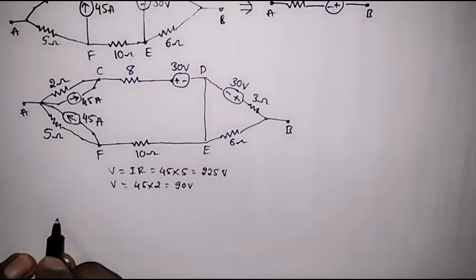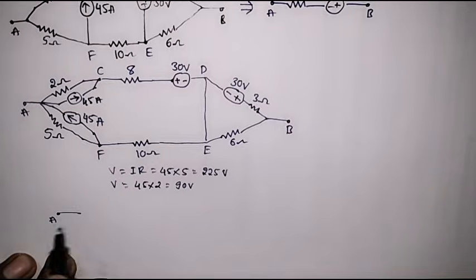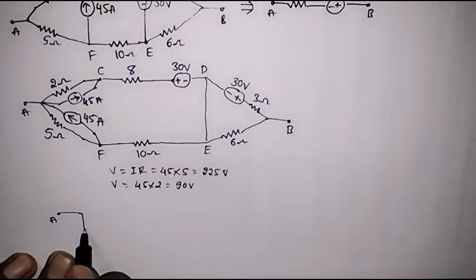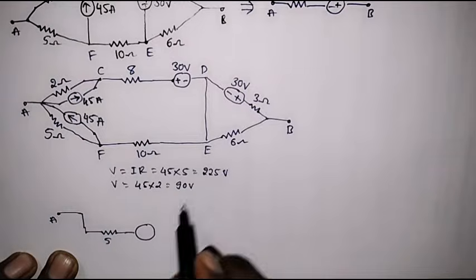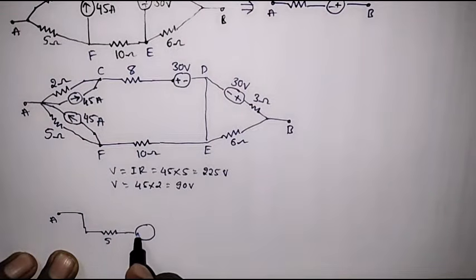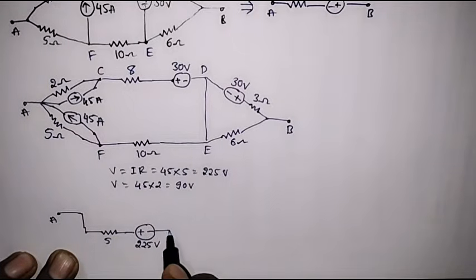So now I'll apply source transformation. This was terminal A and this is the 5 ohm resistor. We have a voltage source of magnitude 225 volt with polarity plus minus, and there is a 10 ohm resistor here.